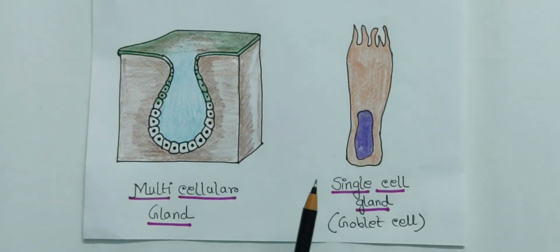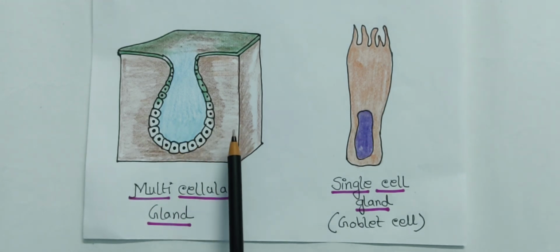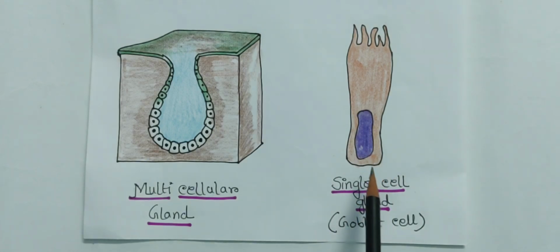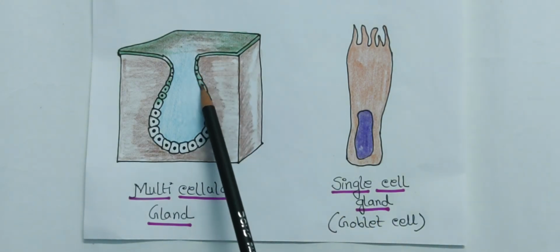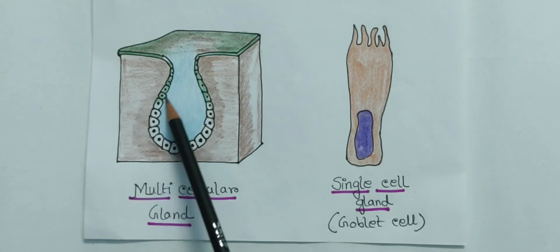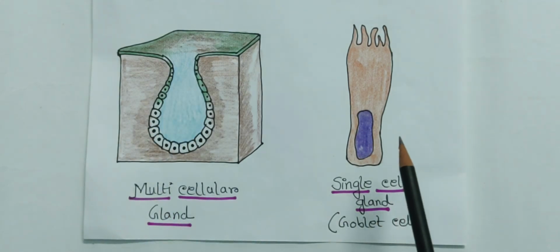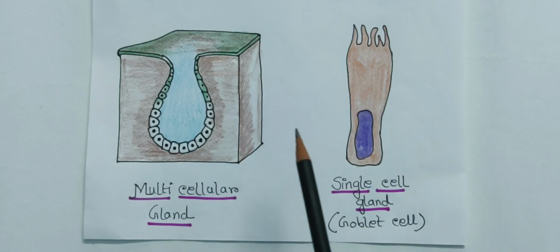These are exocrine glands. Exocrine glands are of two types, multicellular and single cell or unicellular. An example of unicellular is the goblet cell, and this is the multicellular, which has many more cells. Both are exocrine.